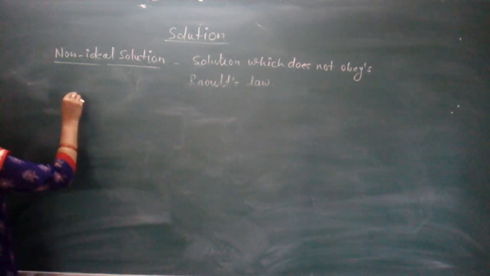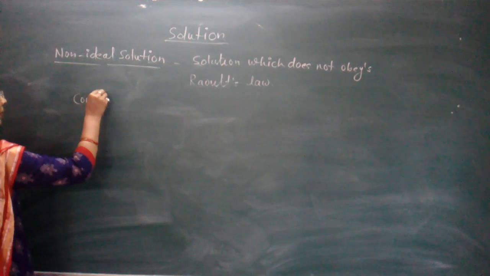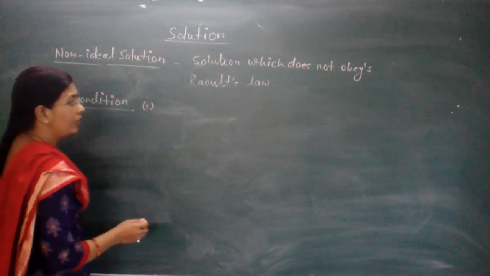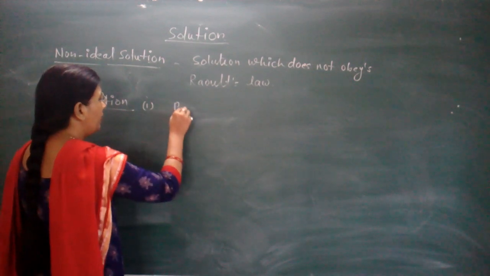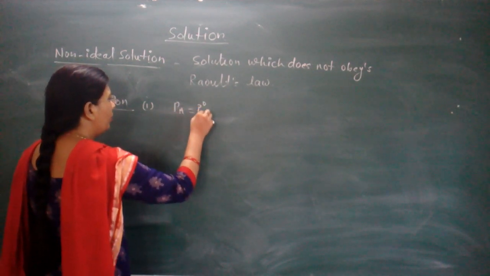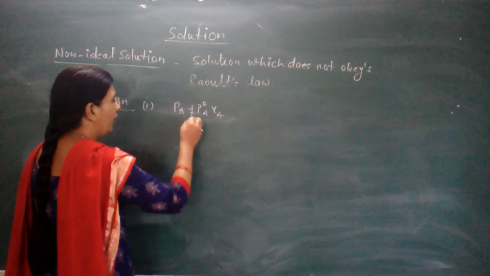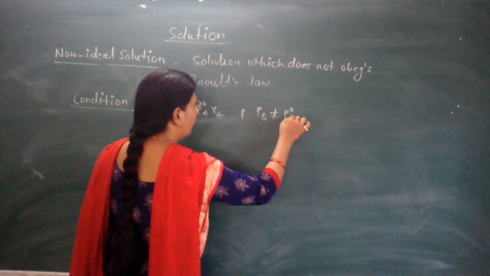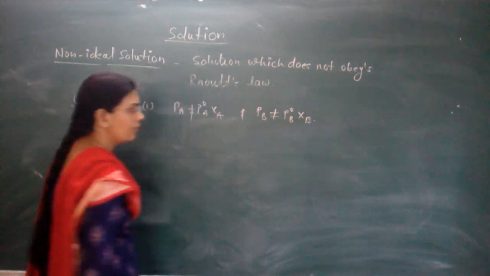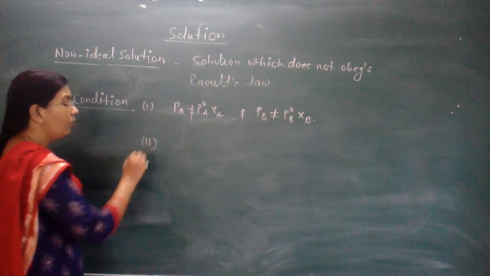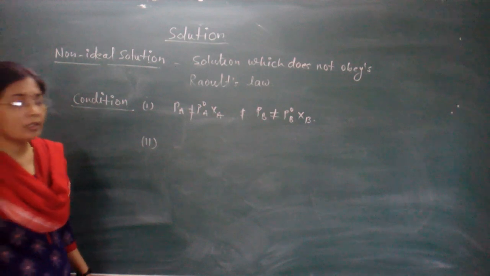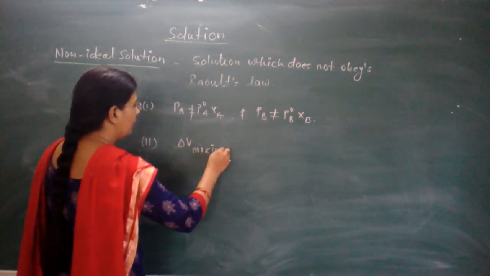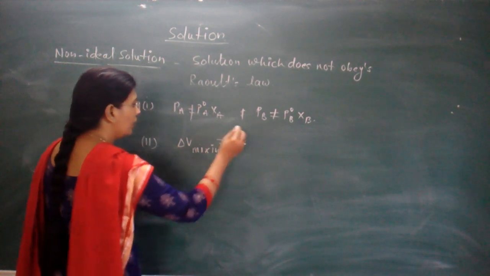And the conditions for a non-ideal solution: first, it does not obey Raoult's law, that is PA not equal to P0A XA and PB not equal to P0B XB. Second, the volume change is not 0.